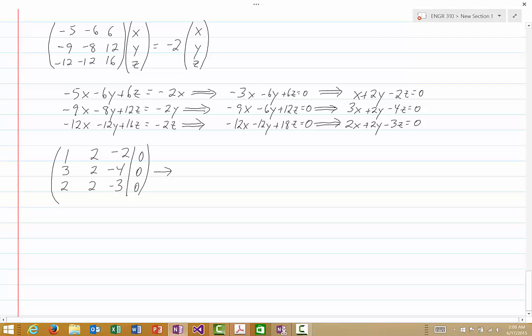And we add negative 3 times the first row to the second row to give us 0. Negative 3 times 2 is negative 6, and 2 is negative 4. Negative 3 times negative 2 is positive 6. Positive 6 and negative 4 is positive 2.